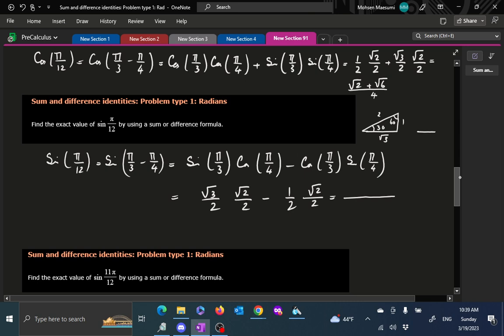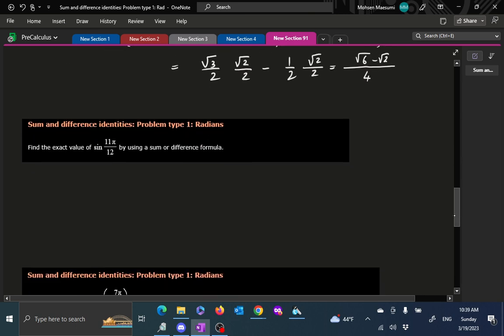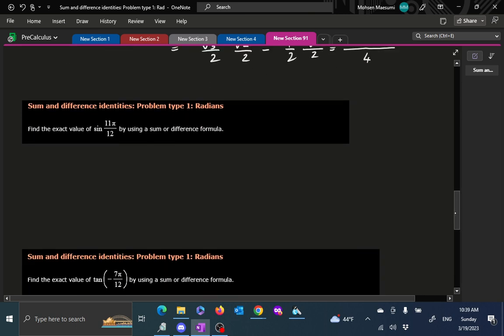And then you need the same thing for 45: 1 and 1 and radical 2. Perhaps that is sufficient. Of course we had one for 90 degrees, but we rarely use that. So here's a denominator 4, and radical 6 minus radical 2 will do this job for us. That's the final answer.